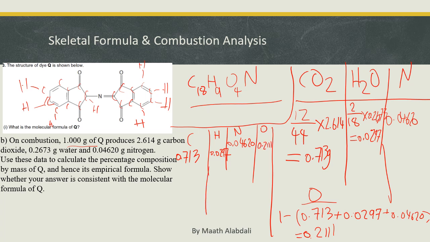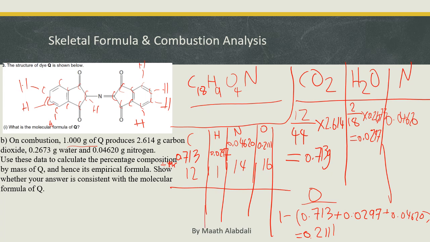The next step is you have to divide this by the Ar again. So the Ar of carbon is 12, hydrogen is 1, nitrogen is 14, and oxygen is 16.